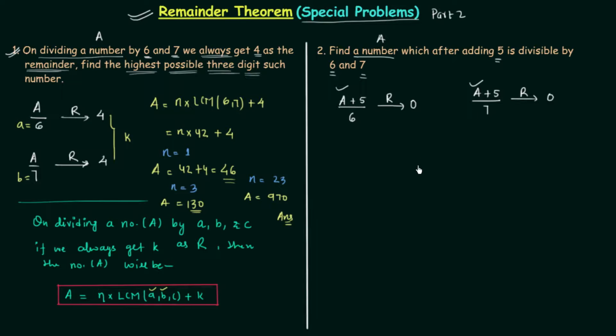Again, there is one direct formula. No need to worry about the derivation. You can simply remember the condition and use the formula. So I will first write down the condition and then the formula.